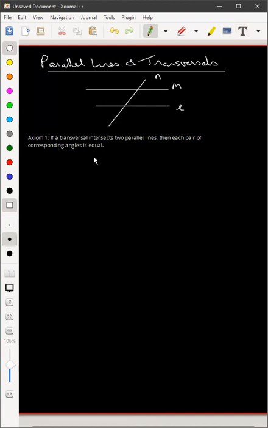What shape do corresponding angles make? I can't hear you. No, your voice is not coming through, Siddharth. I think there's an error there. Sanika, what shape do corresponding angles make?